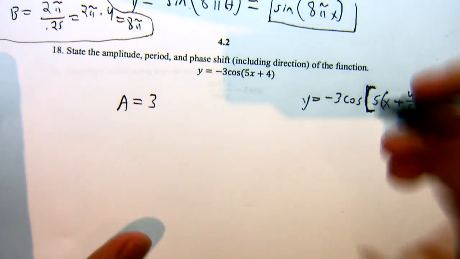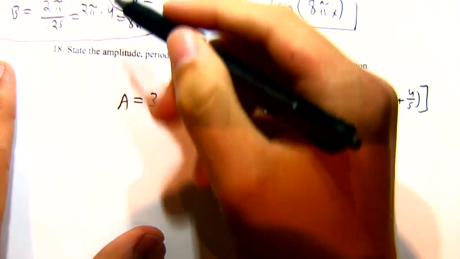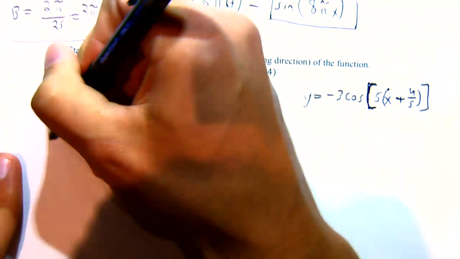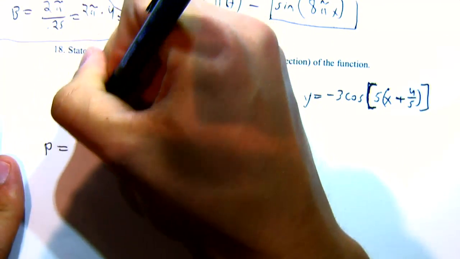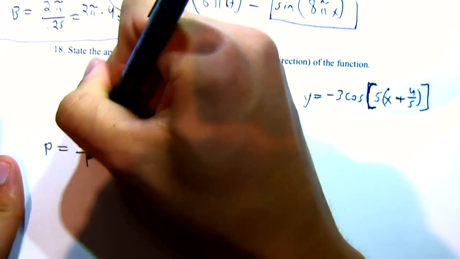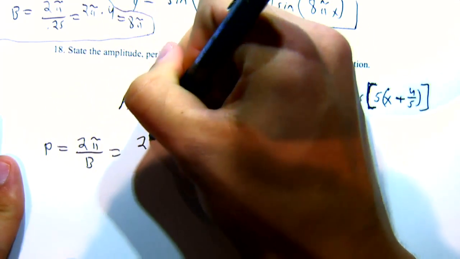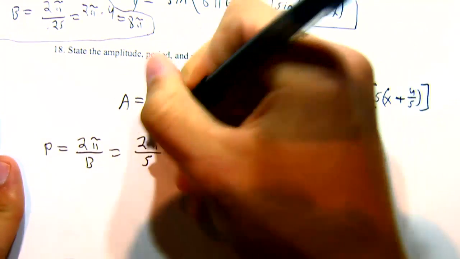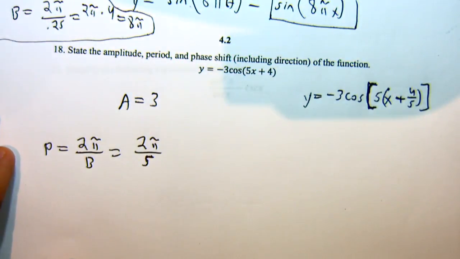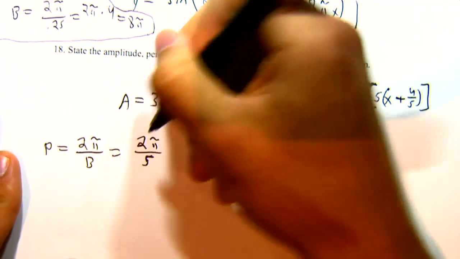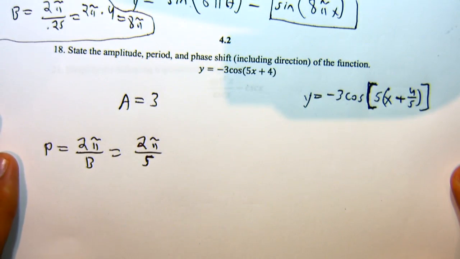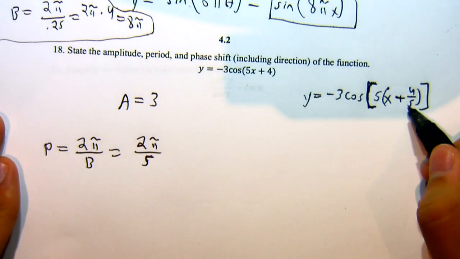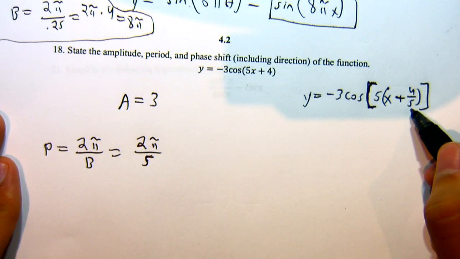That's b. So in order to find the period, we use that equation that we used earlier again. Period is equal to 2 pi over b, which is 2 pi over 5. So that's the period, 2 pi over 5. We can't simplify that one any further. And as for phase shift, we use 4/5 as our phase shift.